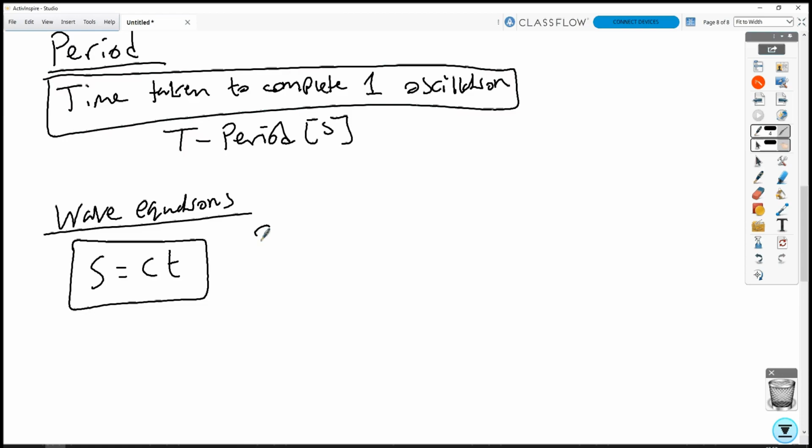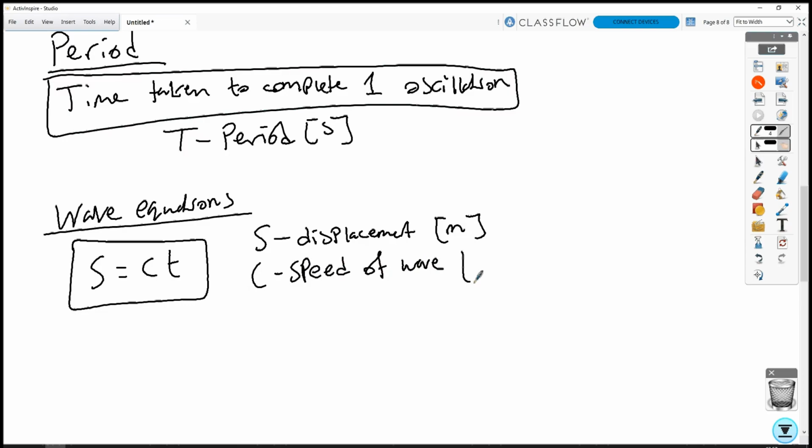So here s is displacement measured in meters. c is speed of the wave measured in meters per second, m s to the minus 1. And t is time measured in seconds.